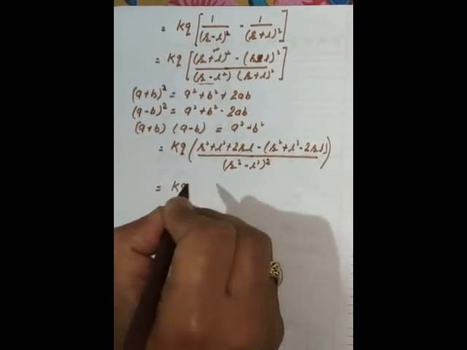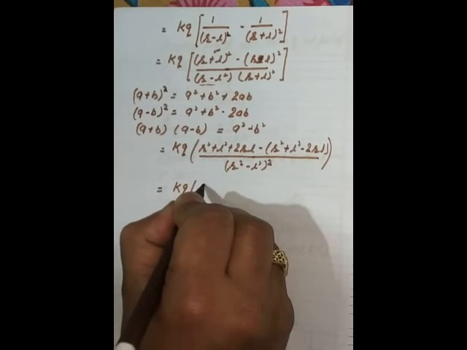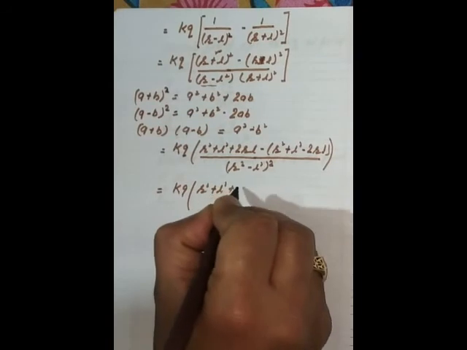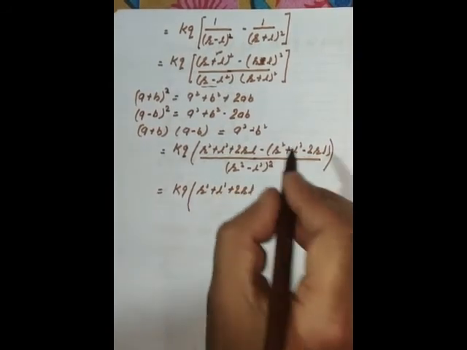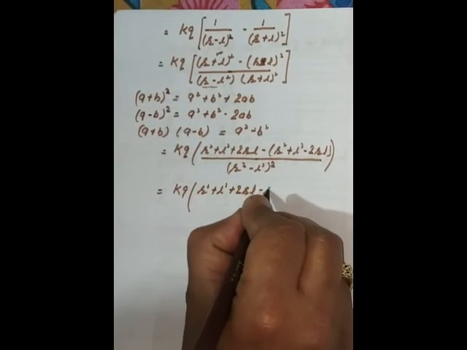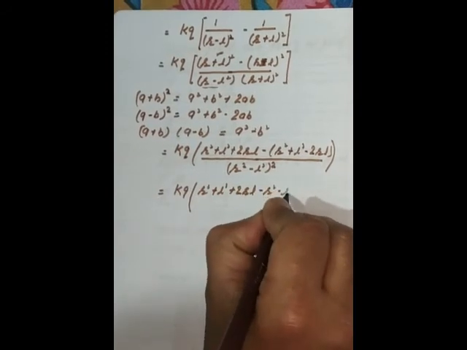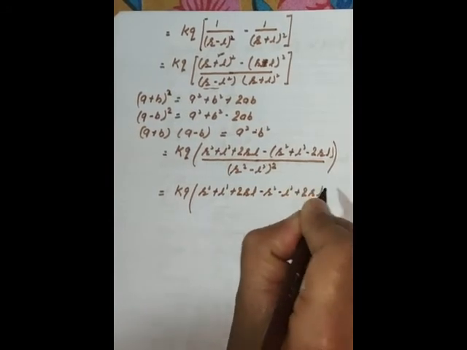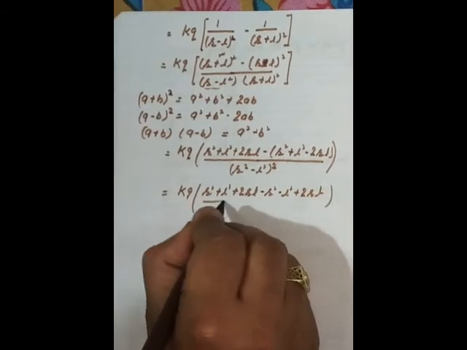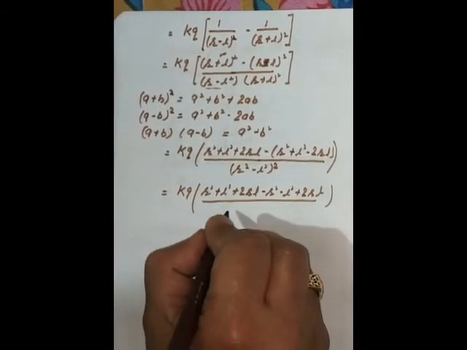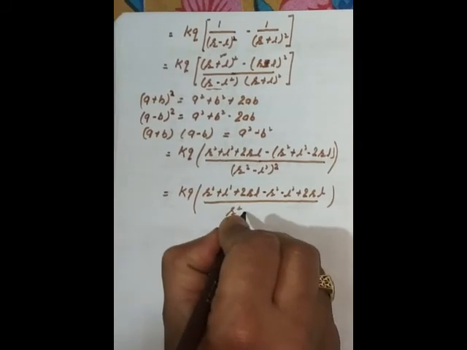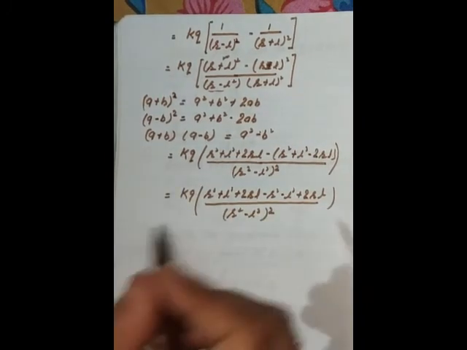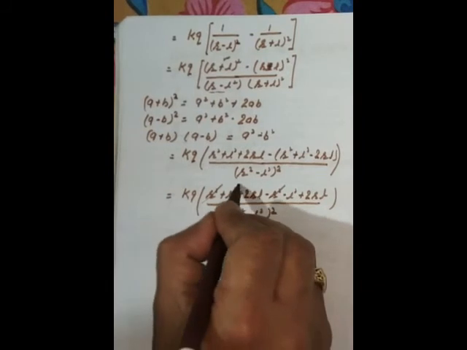KQ, R square plus L square plus 2RL, negative R square minus L square plus 2RL upon R square minus L square whole square. So it will be cancelled out by R square this.